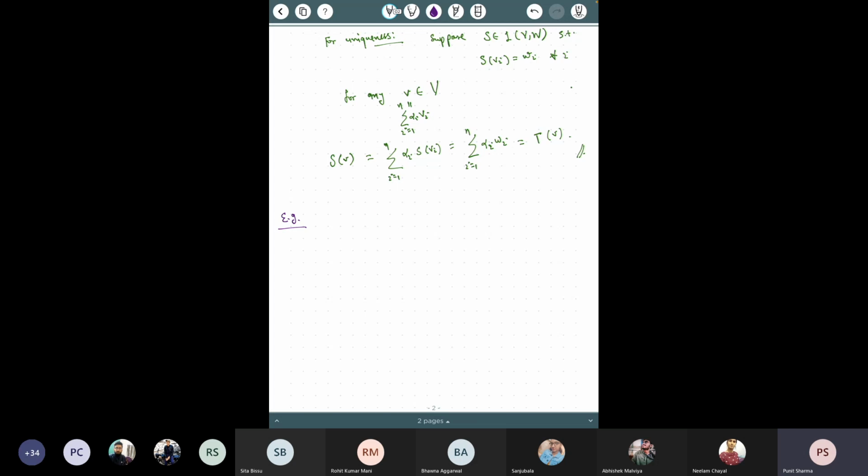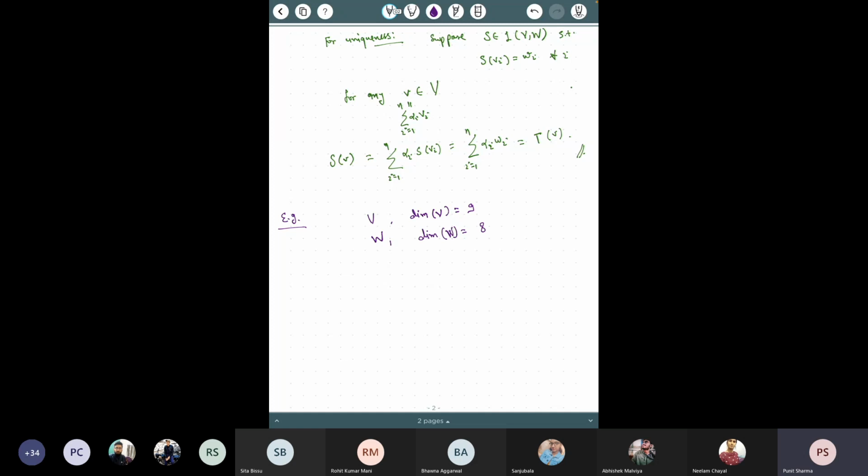Suppose that we have a vector space V of dimension, let's say, 9. And then we have a vector space W of dimension 8.